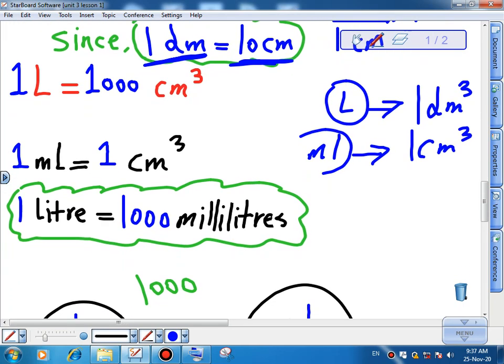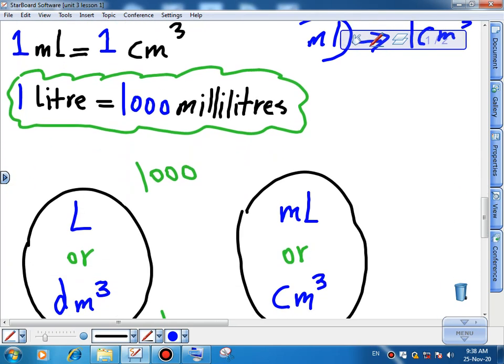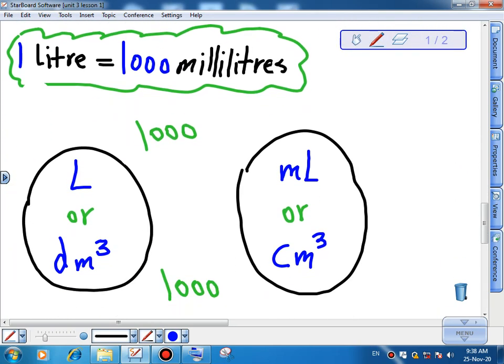So 1 liter has 1000 milliliters, and these are the units of anything in capacity. If I need to convert, as we learned, from the smallest to the greatest and the converse: from liter to milliliter, we multiply, because liter is greater than milliliter.